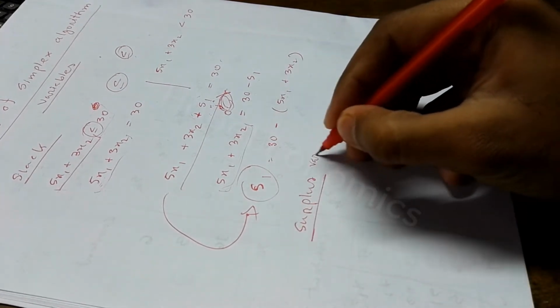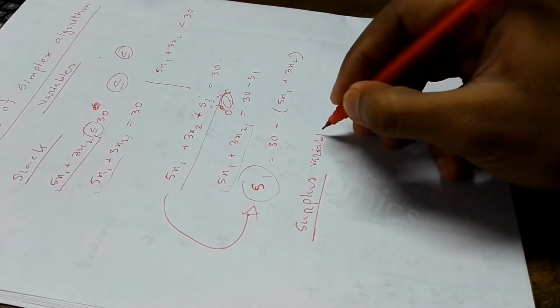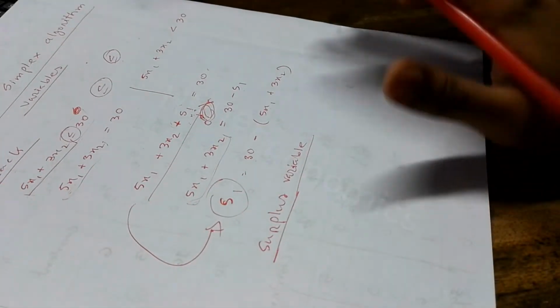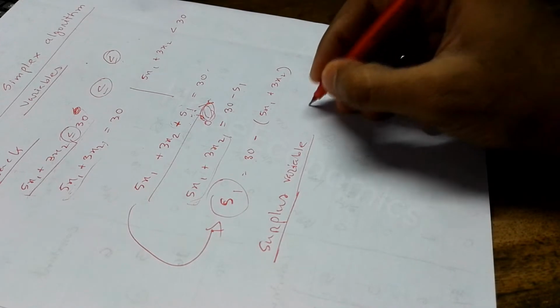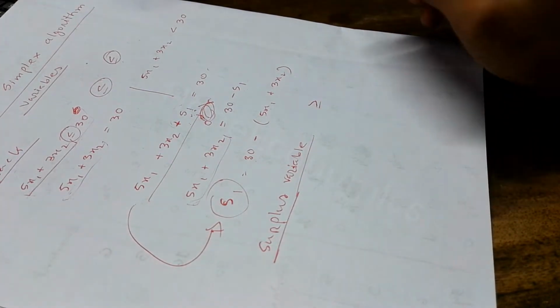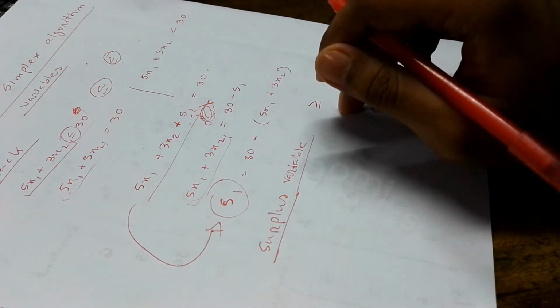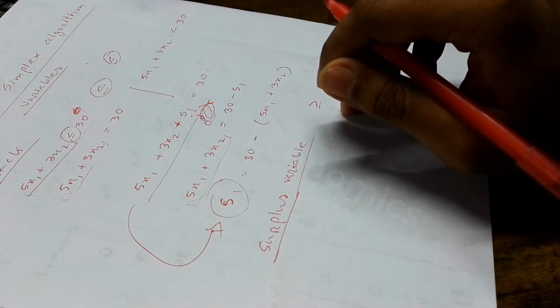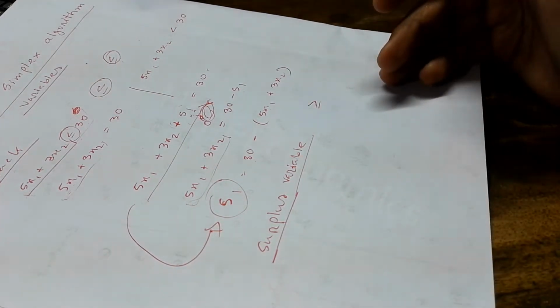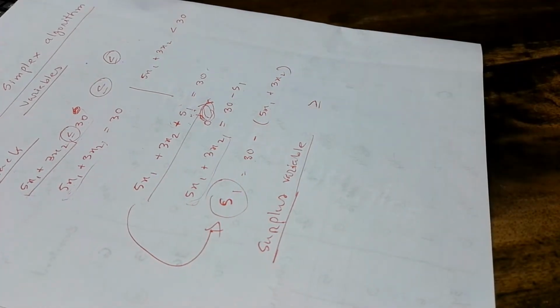A surplus variable is used only when the problem is greater than or equal. When we convert these inequalities into equations, we add an extra variable which is considered a surplus variable.